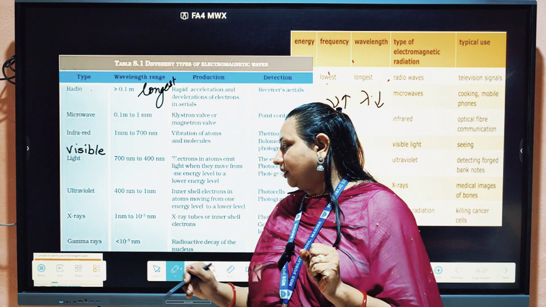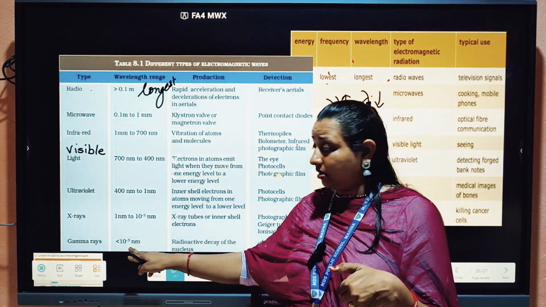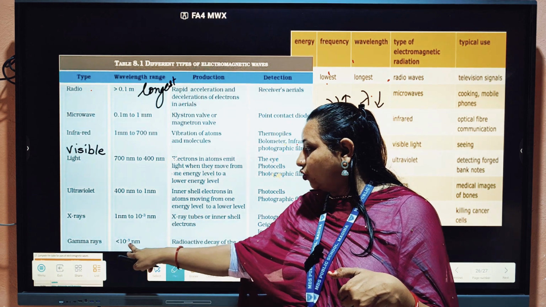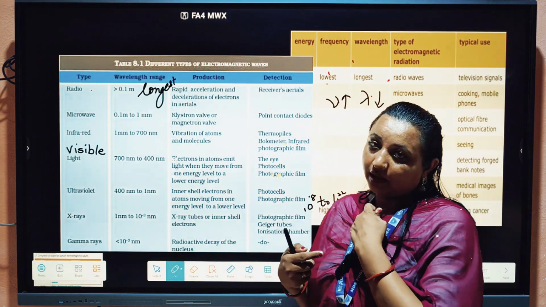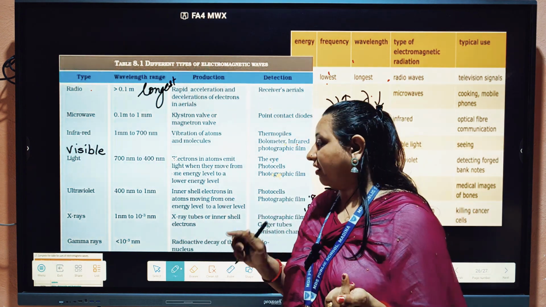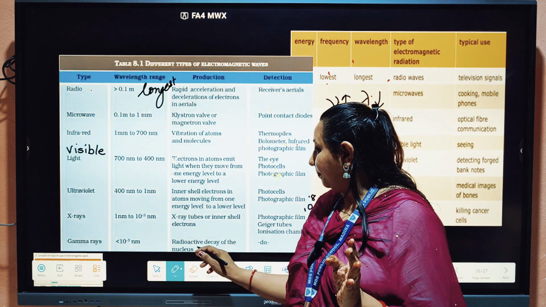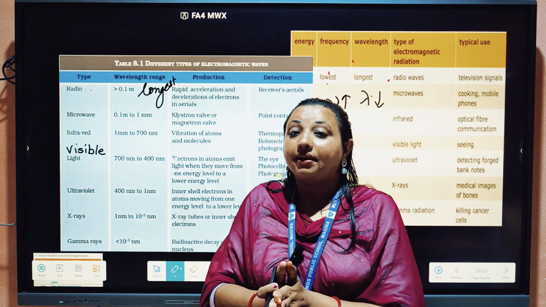Gamma rays have wavelength less than 10 raised to power minus 3 nanometer. When there is radioactive decay, then gamma rays are produced. Alpha, beta, gamma, right? So these are the 7 electromagnetic waves.